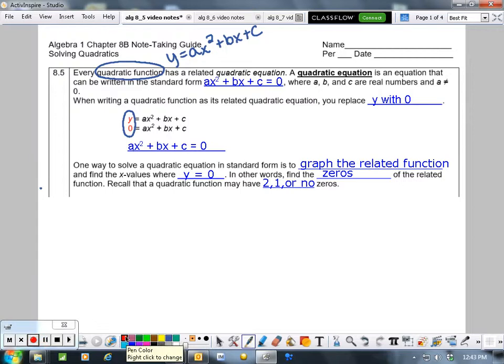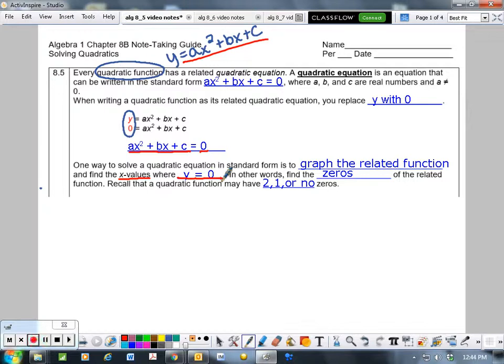But a lot of people like to see it with the ax squared plus bx plus c on this side and the 0 on that side. But again, it's the exact same thing, it doesn't really matter. Now, one of our methods to solve a quadratic equation in standard form is to graph the function. So we're going to graph the related equation, y equals this, and we're going to find the x values where y equals 0.